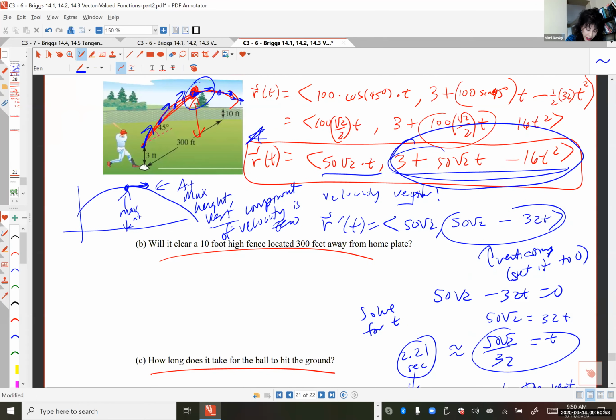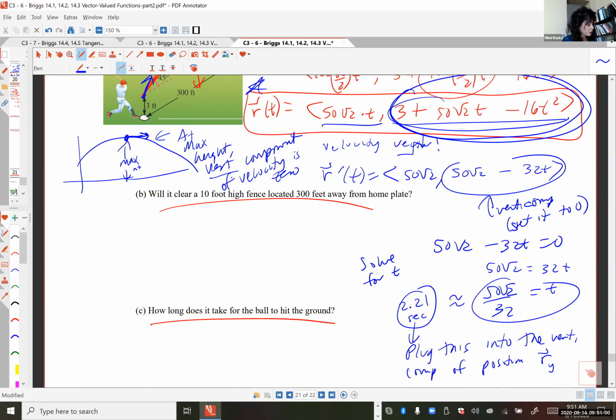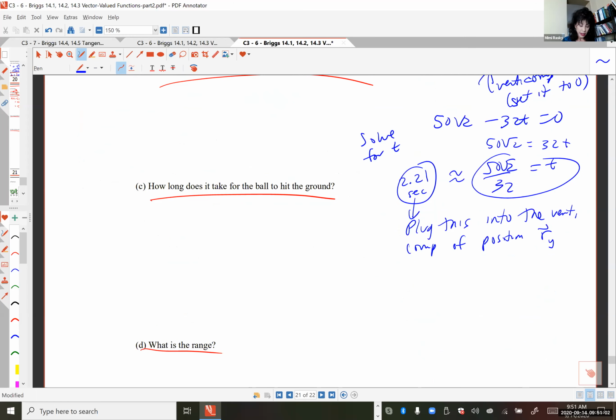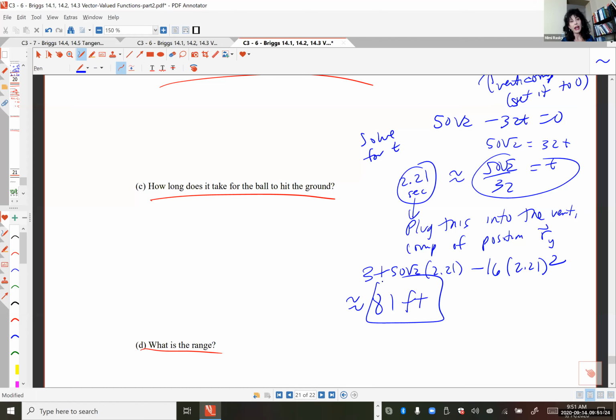So if you substitute 2.21 into the vertical component of position, and then whip out the calculator because you're going to need it, with 2.21 squared, you'll get approximately, rounding to the nearest foot, 81 feet. That's about how high the ball is going to get, and this is the answer for part A.